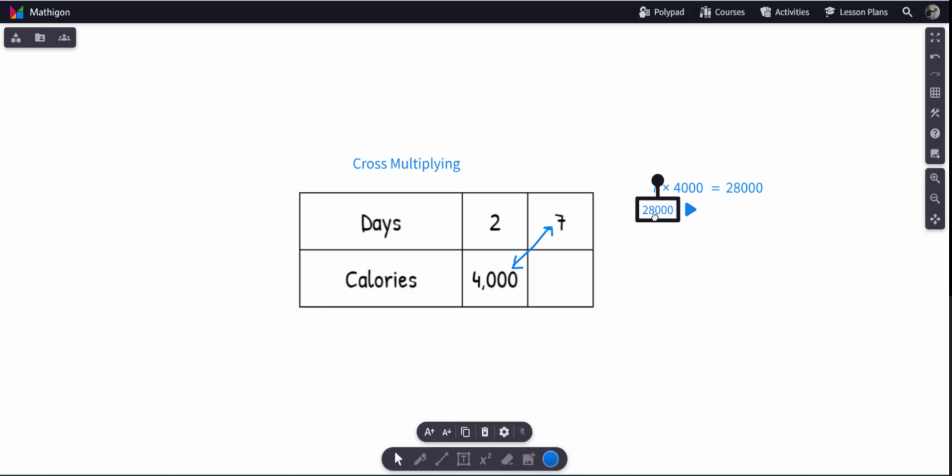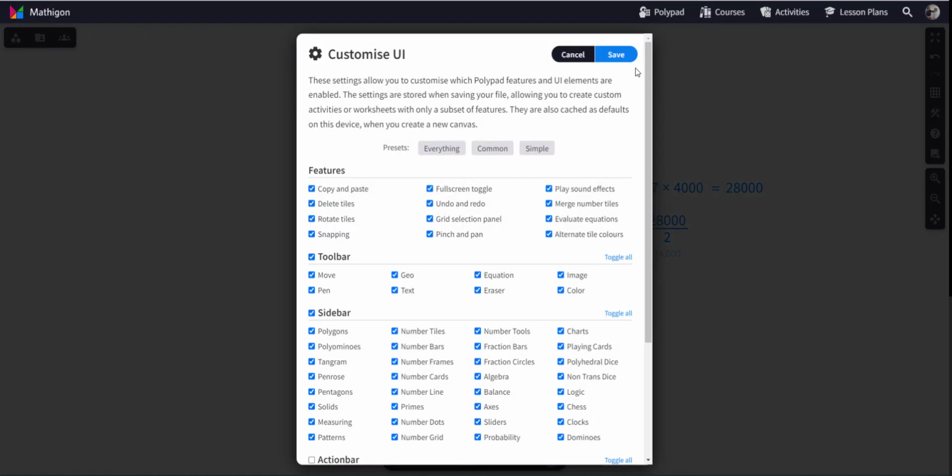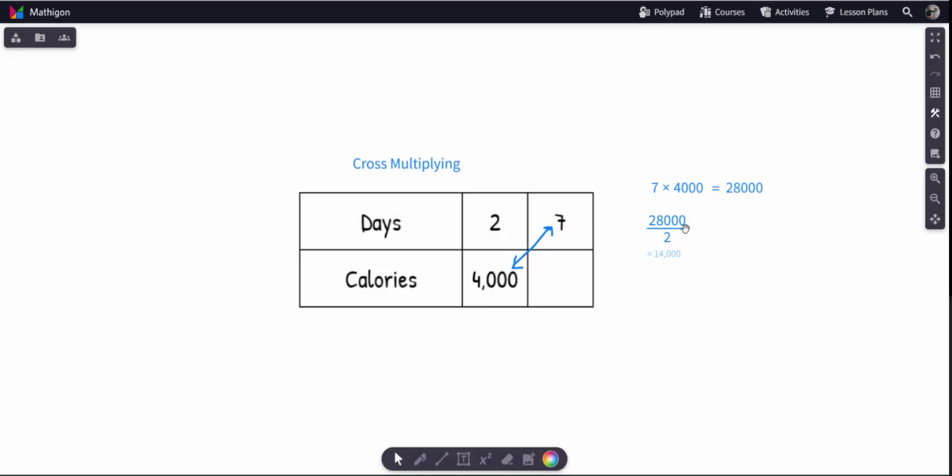28,000. Make it a little bigger. And then she divided by 2, this 2 right here. Sorry about that. Okay. So you should divide it by 2, and it's interesting, it puts the 14,000 there as an answer.